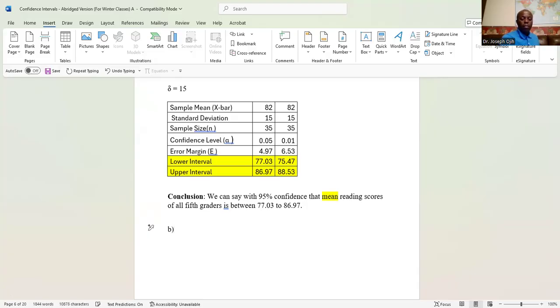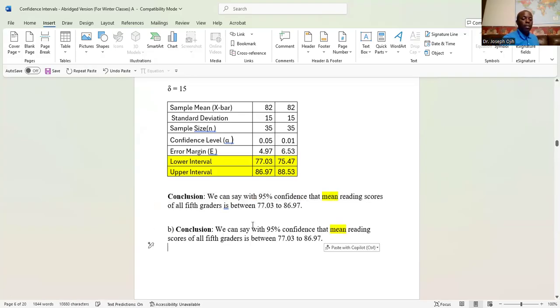In that case, we can say with 99% confidence that the average mean reading score is between 75.47 to 88.53. See? And that's it. Answer that.